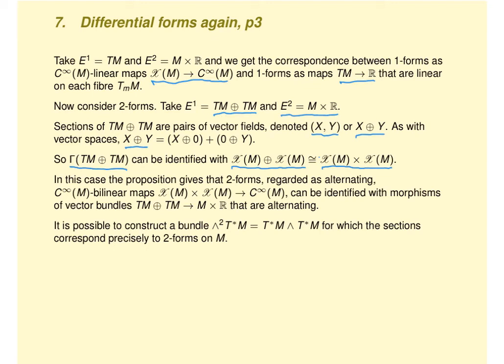Okay. Notice I'm not talking about an exterior square. I'm just using the direct sum, and I'm imposing, or I will impose, the condition of being alternating as needed for differential forms. My intention here is to bypass all the construction that's needed for the exterior power bundles.